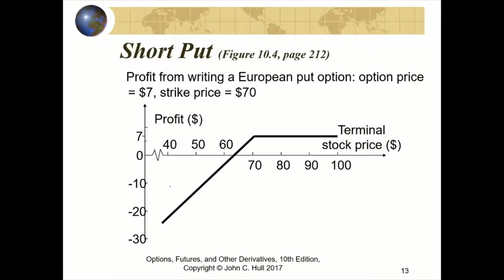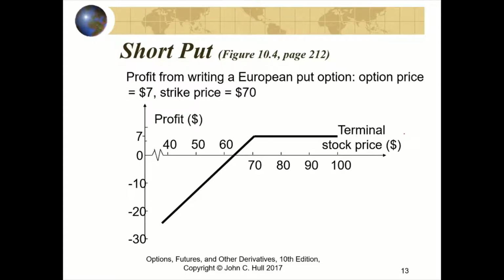The limit is when the price of the stock comes to 0, in which the maximum loss is going to be 63. Why 63? Because he is going to buy the stock for 70 and he received $7, so the net amount he lost is 63.